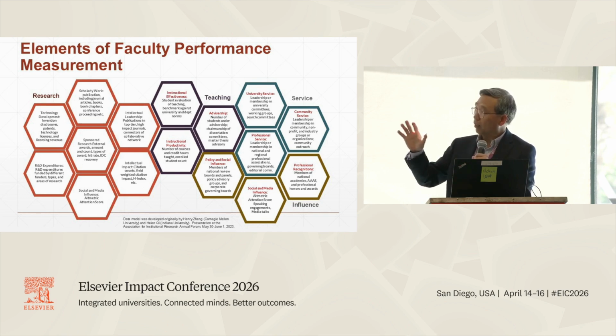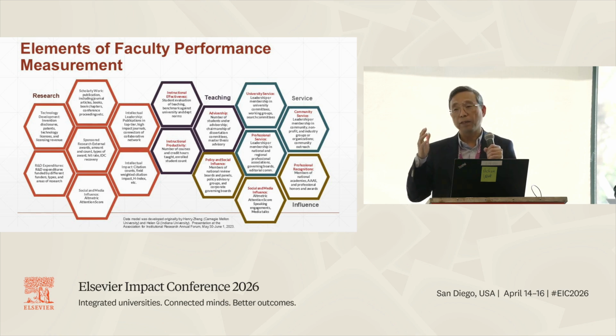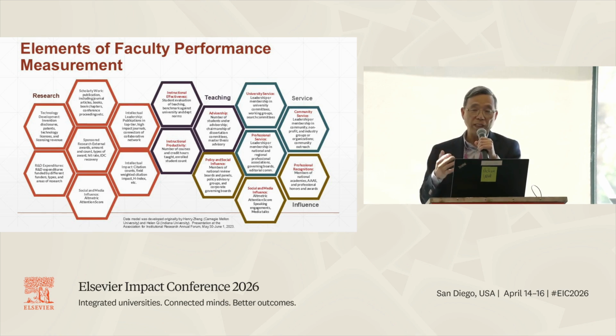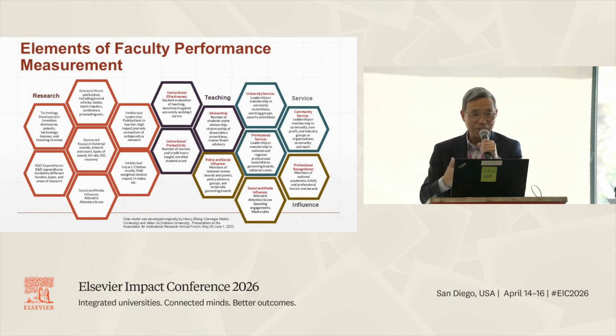We are looking at a number of areas: the volume and quantity of publications, citation count, and those are the numbers also used in the rankings. They're important to our office because we look at the rankings all the time.